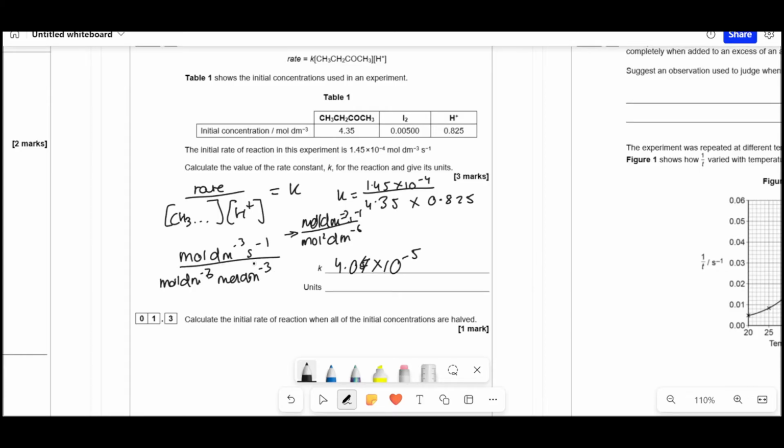If you're dividing, you're subtracting the indices, which is what we're doing here. This mol is dividing by mol squared, so you're going to get mol minus 1. Then we've got dm minus 3 divided by dm minus 6, so minus 3 minus minus 6 is plus 3, which is dm cubed. And then the s minus 1 isn't divided by anything, so it's s minus 1.